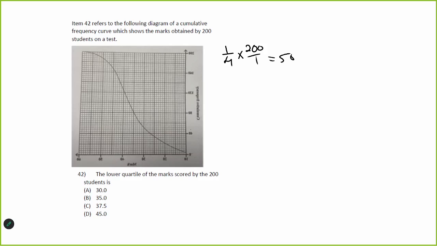I don't want to guess now, so let's find out exactly where 50 is. You're going 40, 80, 120, 160, so you're going in 40s, right?